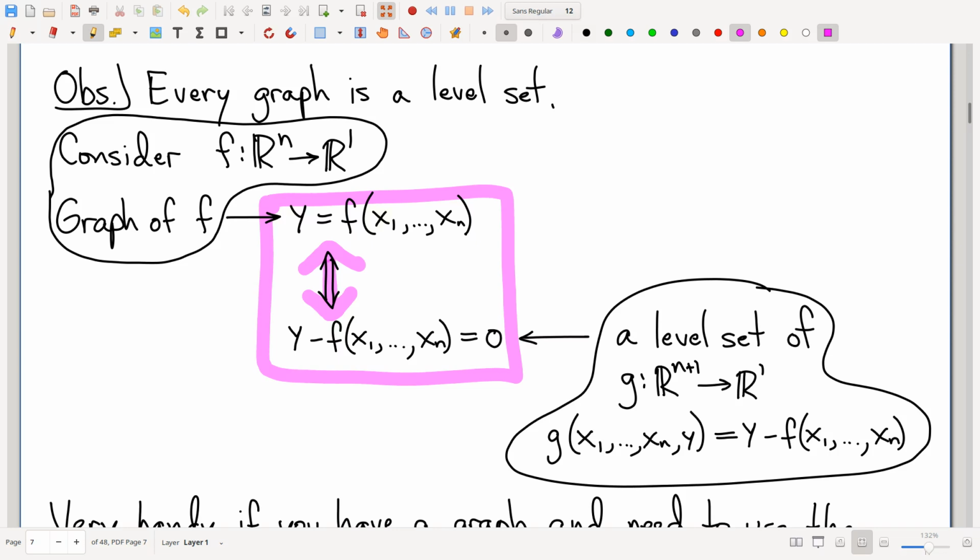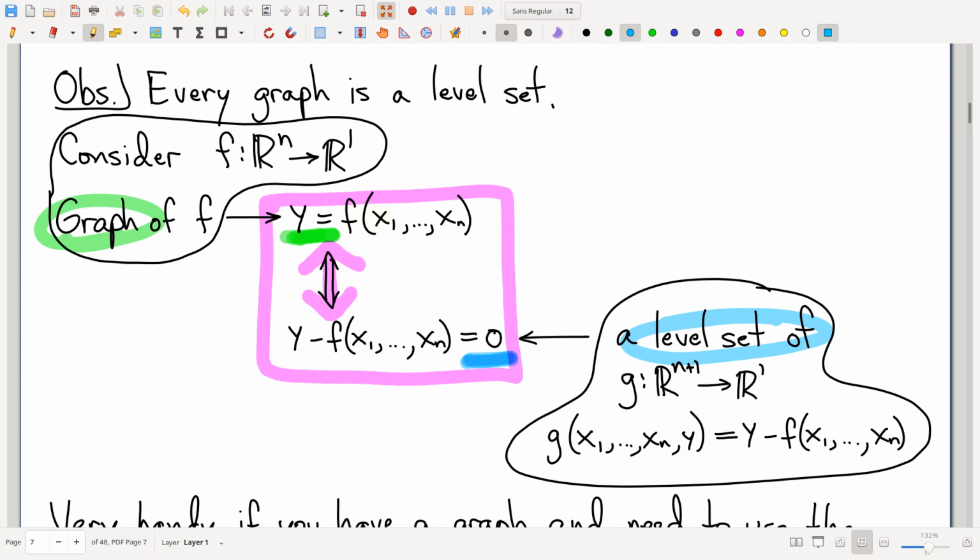Practically nothing happened here, right? I took the right-hand side, I subtracted it over to the left-hand side. Basically nothing happened. And yet, I get a really nice interpretation, because notice what had been written as a graph is now written as a level set.